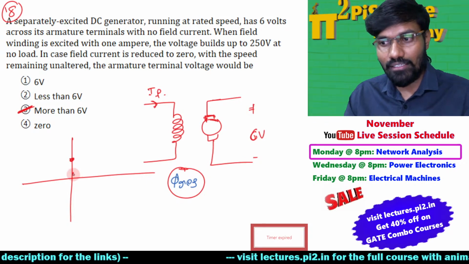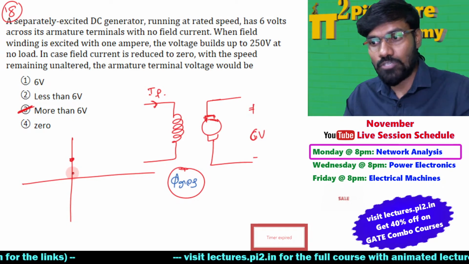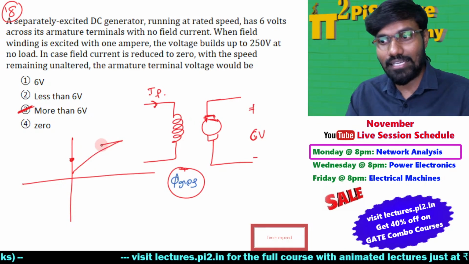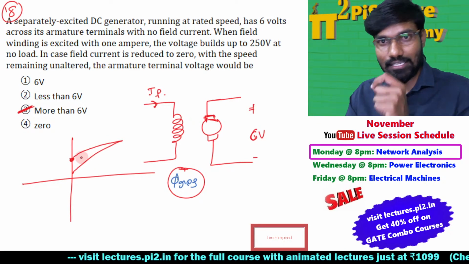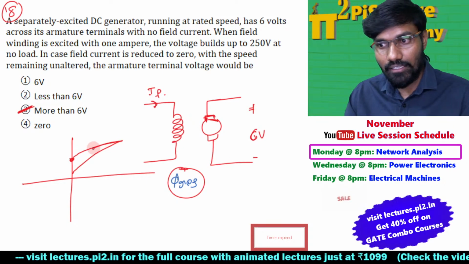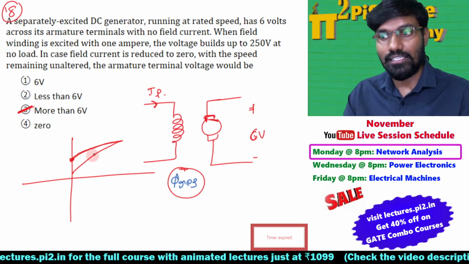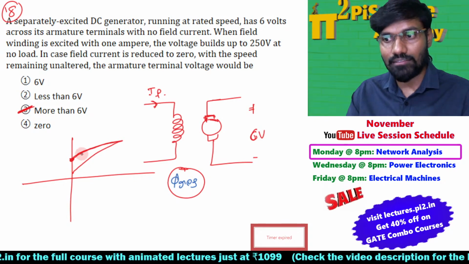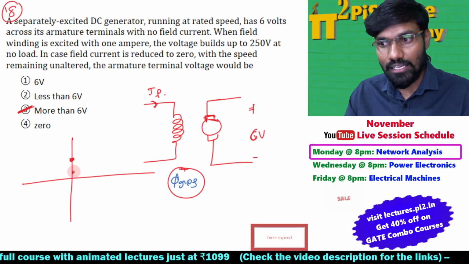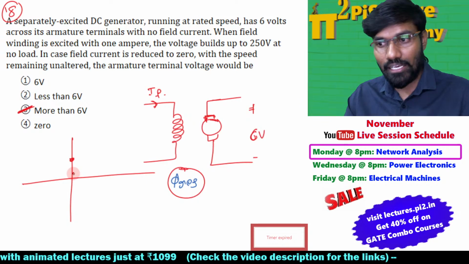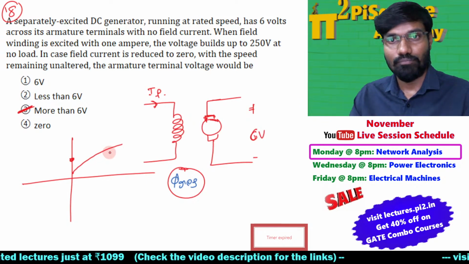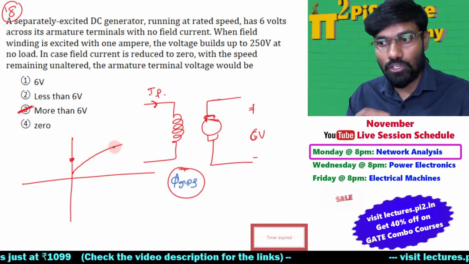Now the moment it is again charged with some voltage, due to the hysteresis lag, it will not follow the same path. At the beginning, it is starting from this path. Due to hysteresis lag, it won't follow the same path.